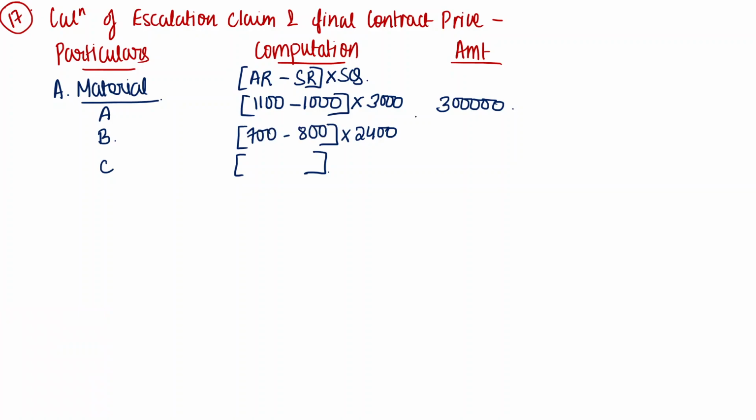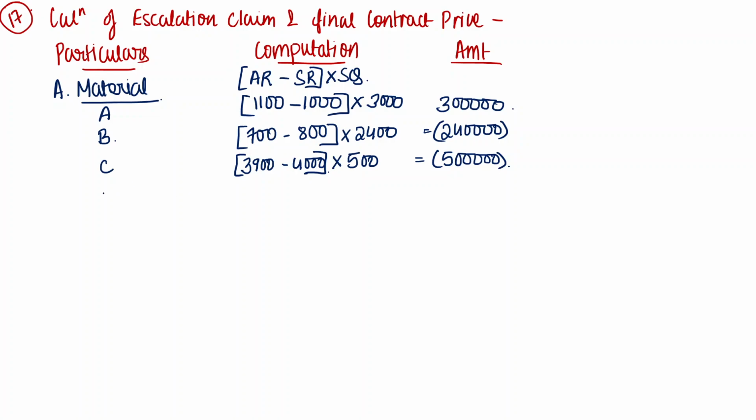Okay, the answer is same. 2,40,000 here. And here it should be 3,900 I paid. I should have paid 4,000. So benefit to be passed on to them for 500 units. So 5 lakh.